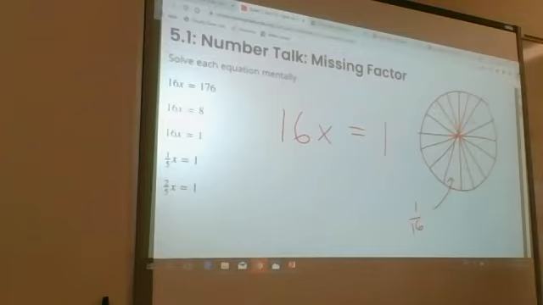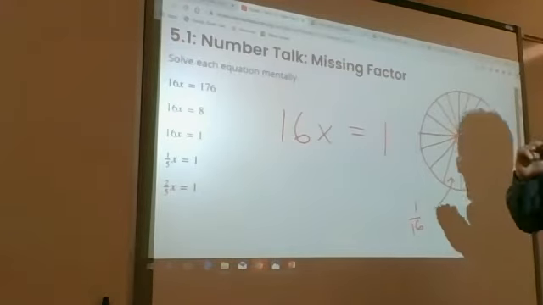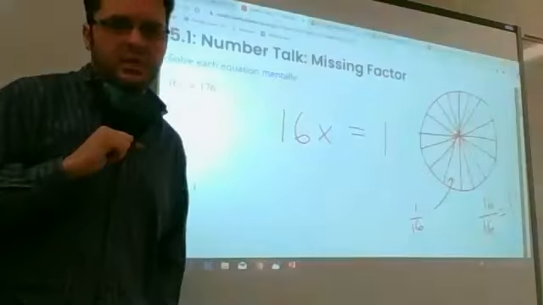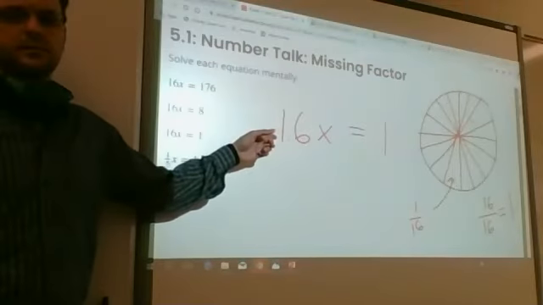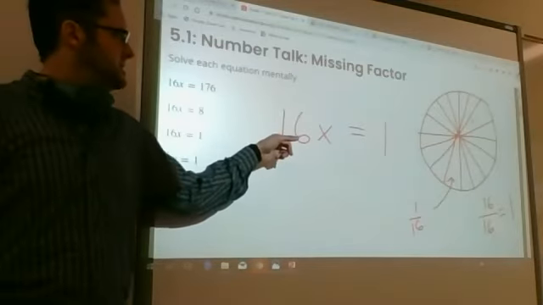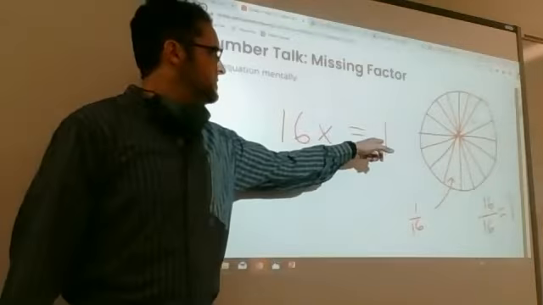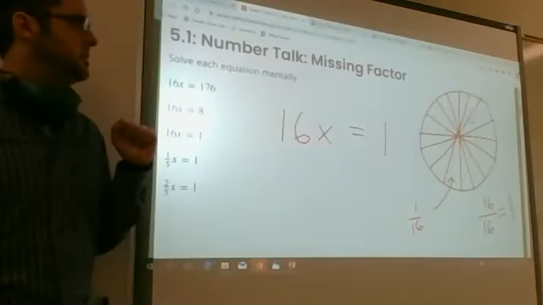See how that works? And if I put all 16 slices together, that would be 16 out of 16, which is 1 whole pizza. So think about that right here. 16 times what equals 1 whole?